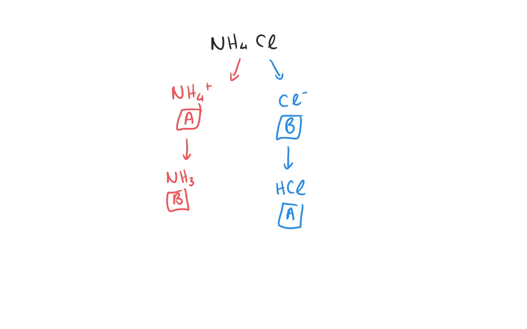So now if you've determined the conjugate acid and base, you can determine whether those are strong or weak acids and bases. So this one I know is a weak base. And the rule is that if the conjugate is weak, the other one has to be strong. So if this was a weak base, this would have been a strong acid.